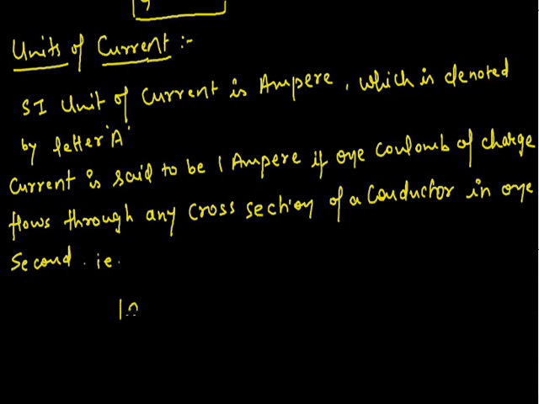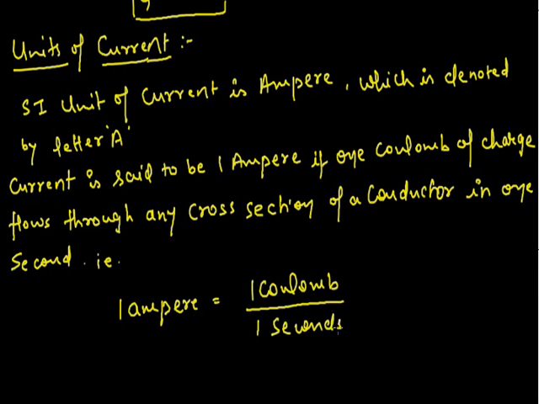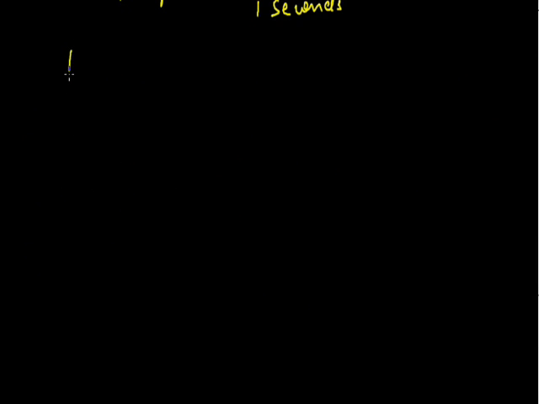That is, 1 ampere equals 1 coulomb, which is charge, upon 1 second, which is time. So we can say that 1 ampere equals 1 coulomb per second, which is a unit of current.